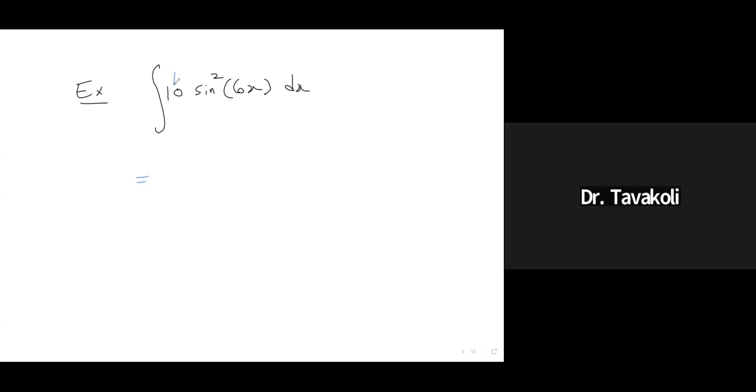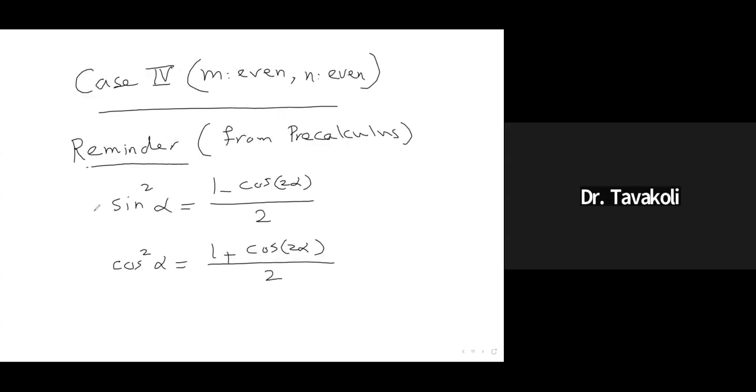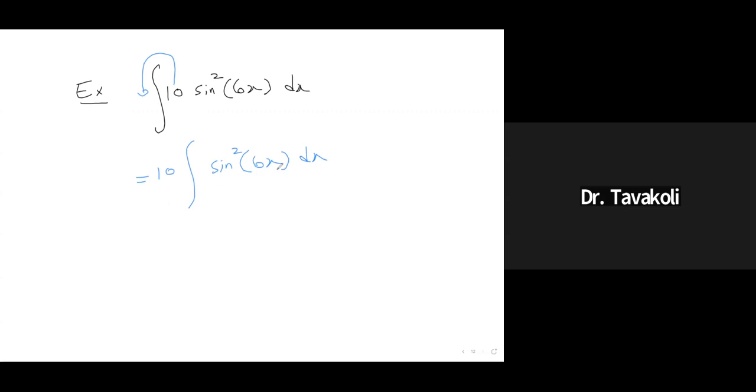So first of all, 10 is a constant, it comes out of the integral. Using the first identity, that sine squared is written as 1 minus cosine of double angle, can you write sine squared of 6x in terms of a cosine? Using that formula, it is 1 minus cosine of twice 6x.